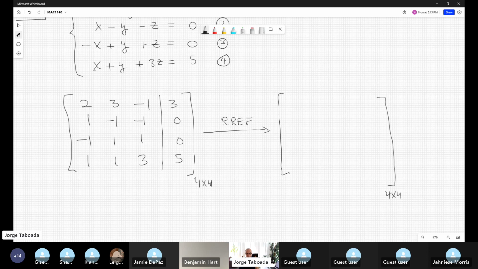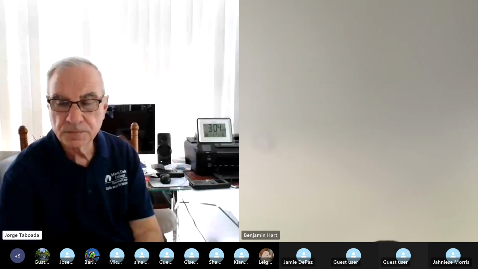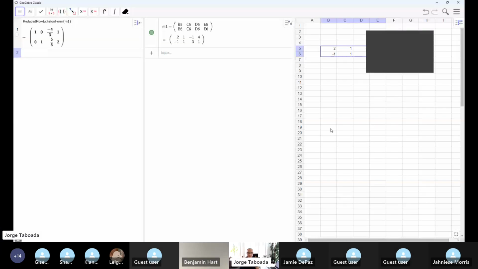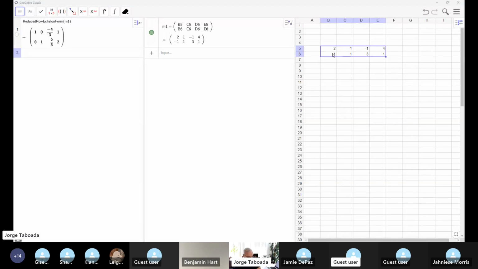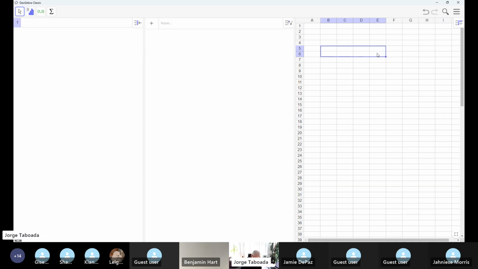Okay, let me share the screen. GeoGebra Classic. Do you see something or not? Yes, we see it. Let me focus so I don't make a mistake, because I need to type a lot of numbers here.